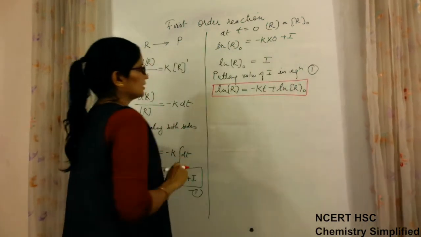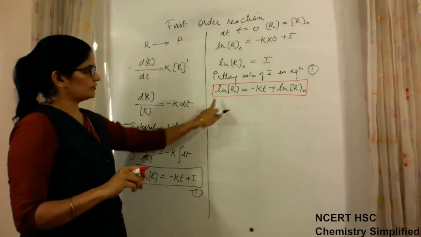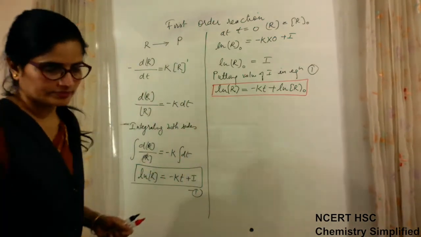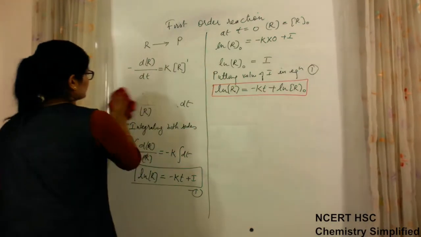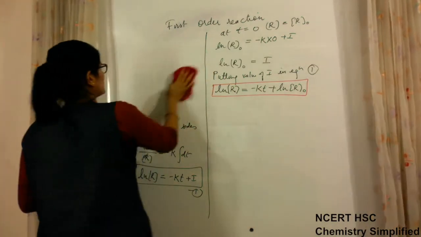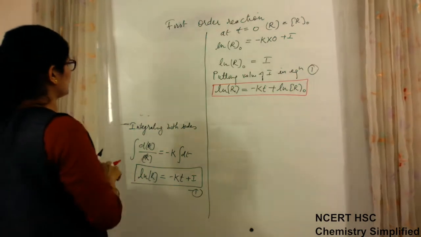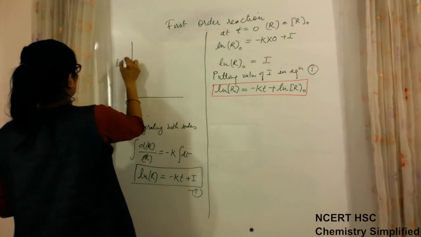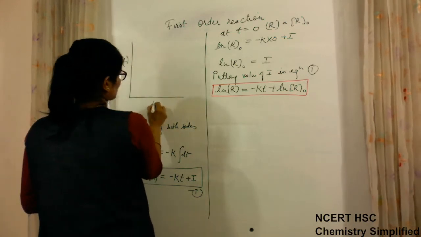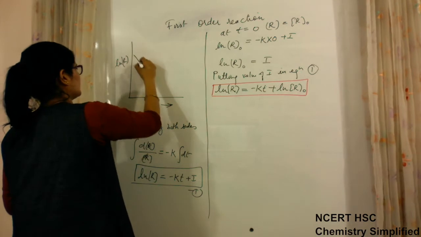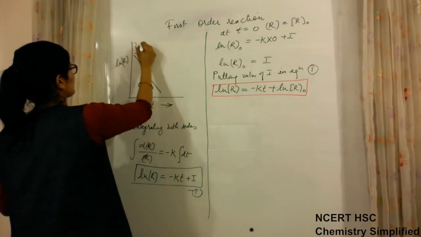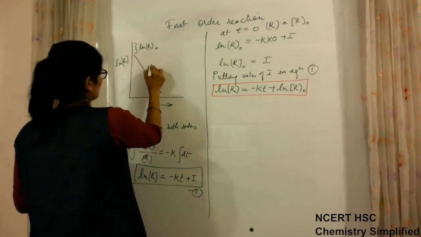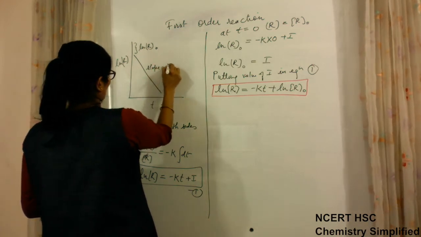After we have obtained this equation, if we plot a graph the same way as we have done for zero order reaction, if a graph is plotted between ln R and time t, then the intercept gives the value of ln R naught and slope of this reaction gives the value of minus k.